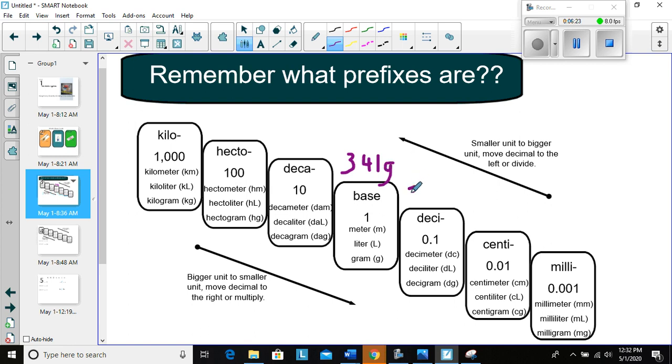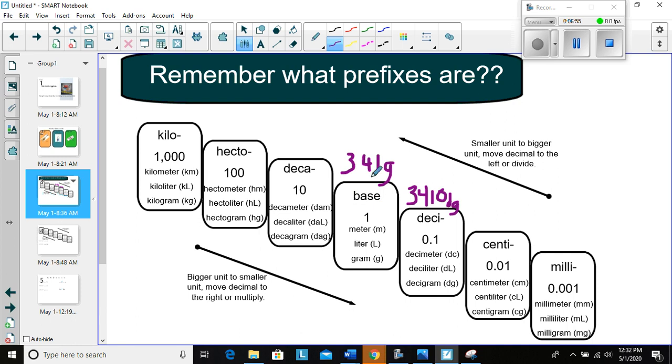And so I'm going to have 3, 4, 1, 0, and then I will put DG for decigram. Okay, so these two numbers are equivalent. All right, so 3,410 decigrams is the same amount as 341 grams.